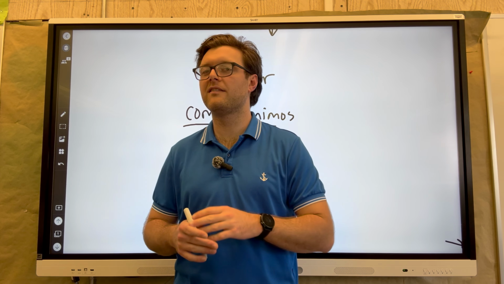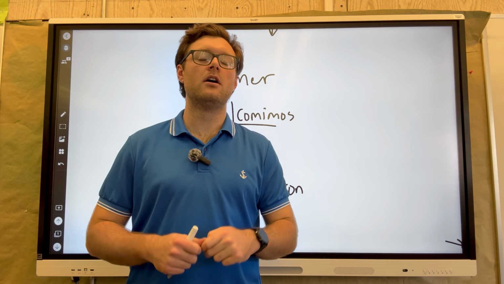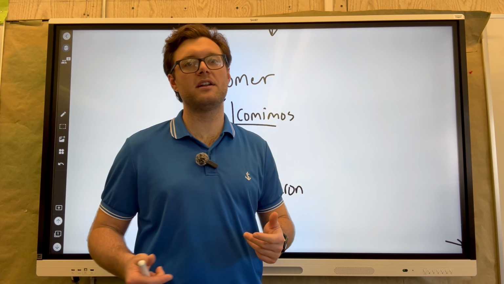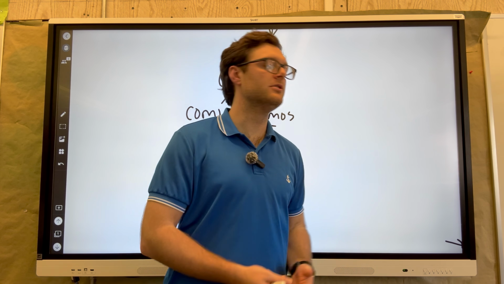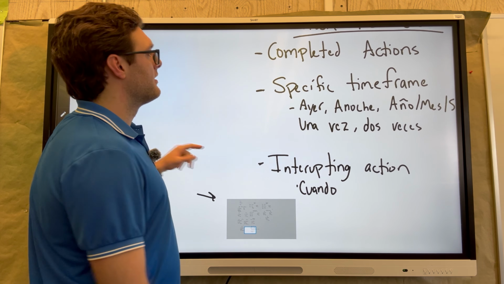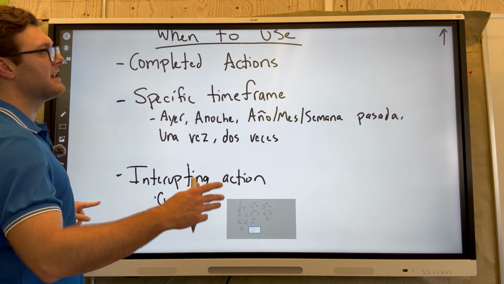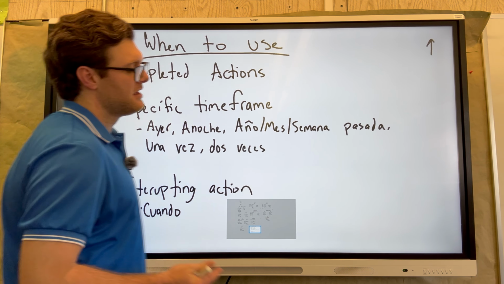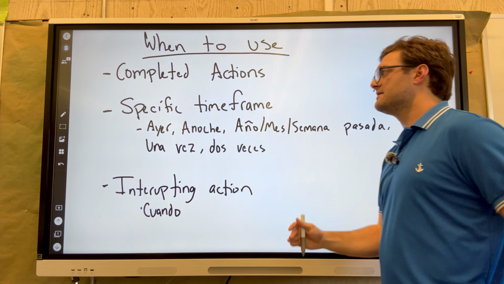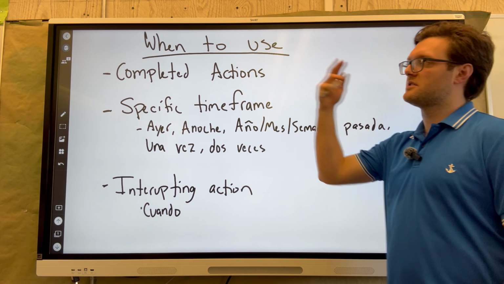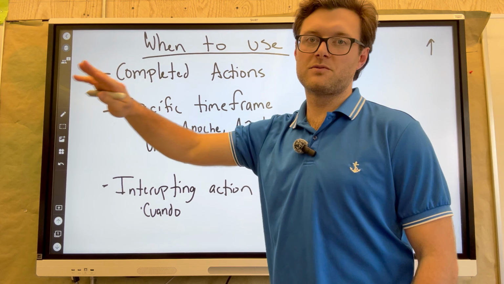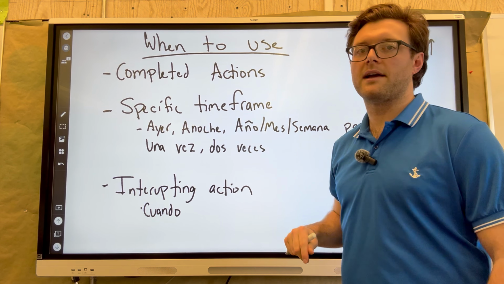But we all know adding the endings is not the tough part for the preterite tense. The tough part is figuring out when to use it. So let's jump right into that. I have three main categories that I have filtered these into for when we would use the preterite in the past tense. So the first is when an action is fully completed in the past, right?